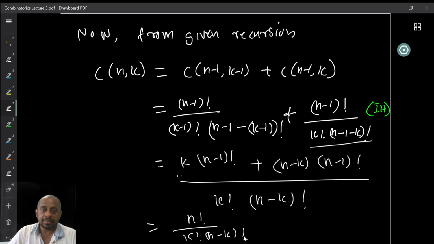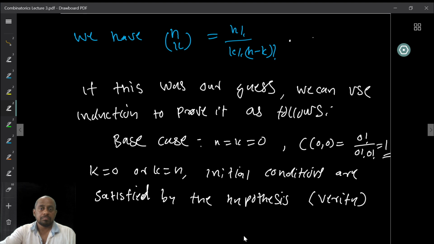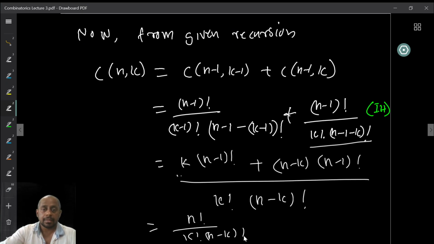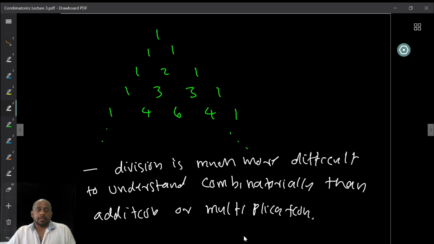Now one might ask that we already know what this n choose k is, even the formula. Then why do we even need the recursion formula? So the answer is that division is much more difficult to understand combinatorially than addition or multiplication.